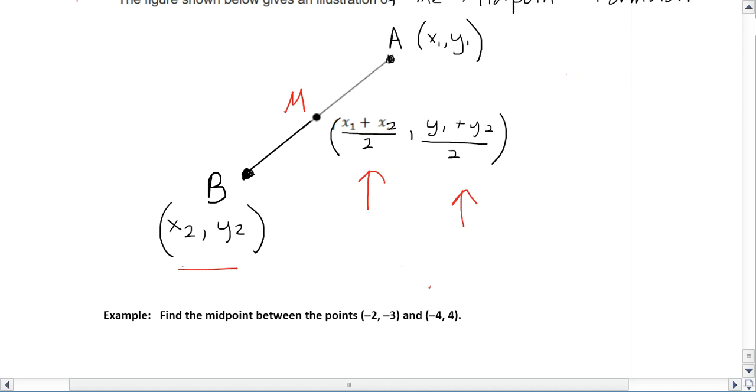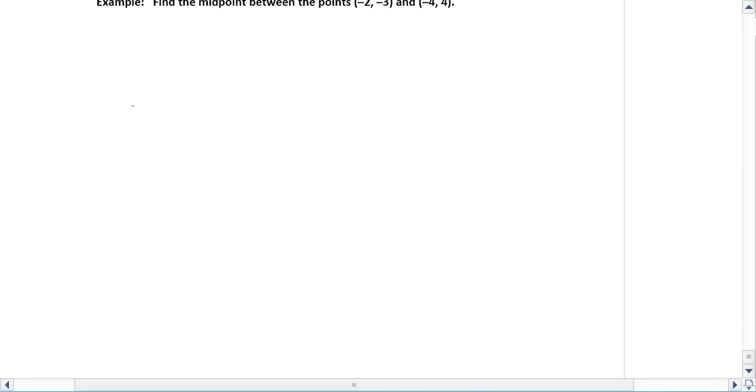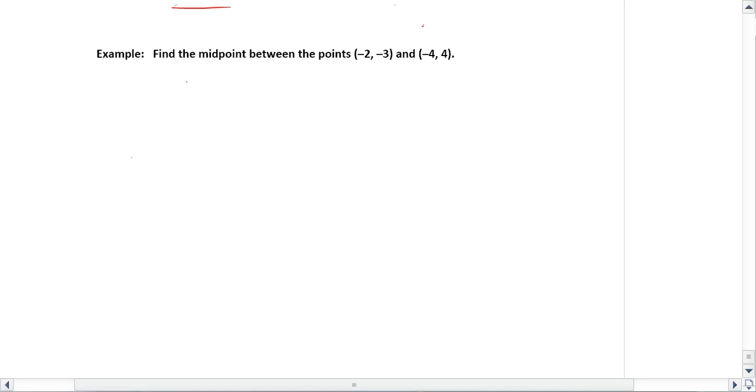So let's look at an example of this. So again, the midpoint is an ordered pair. So let's add the 2 x coordinates to find the x coordinate of the midpoint. I should say add them together and divide by 2. So I have -2 plus a -4 divided by 2.